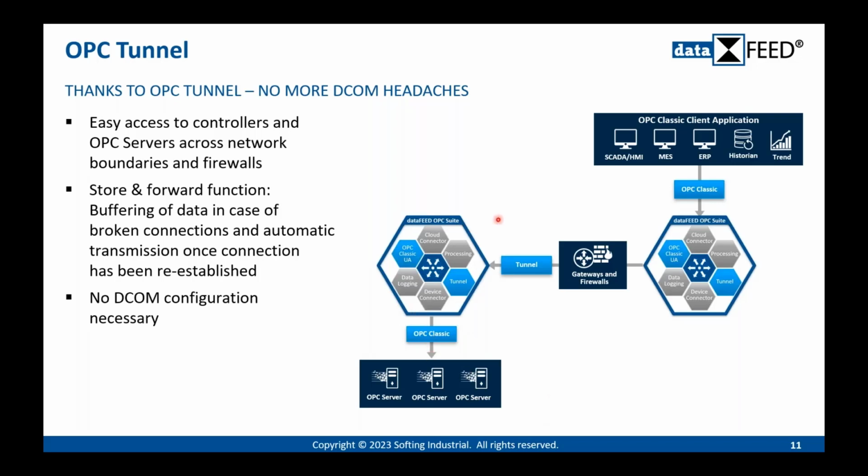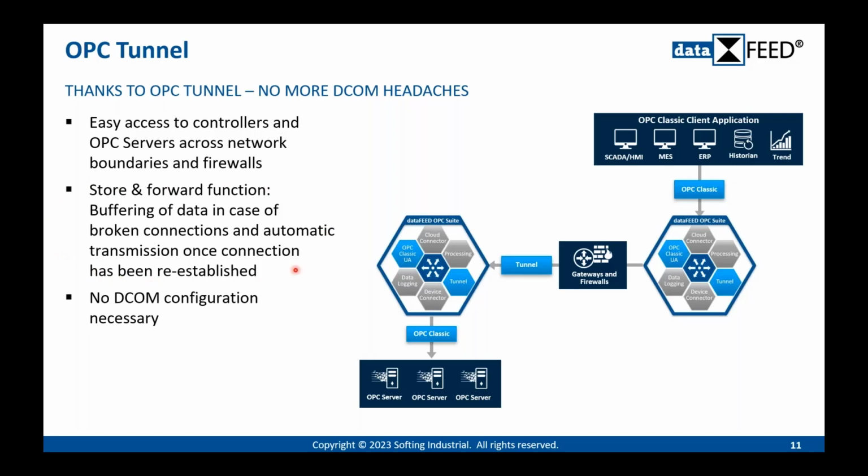And when we receive the data via this proprietary Microsoft DCOM interface, we are encapsulating this information into a TCP packet and sending this via our own proprietary OPC tunnel protocol to the remote side. In this case, we have also a DataFeed Suite, which now decapsulates the information and provides this information through an OPC Classic interface to your OPC Classic client application. This is one of our solutions. If you have trouble with DCOM, use the OPC tunnel solution from Softing.